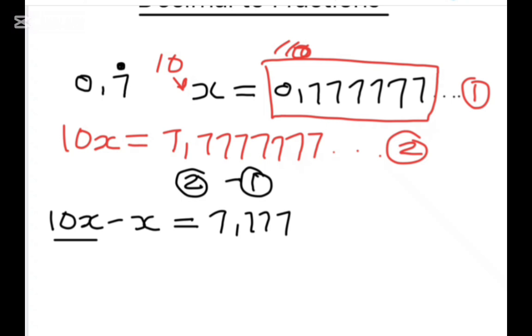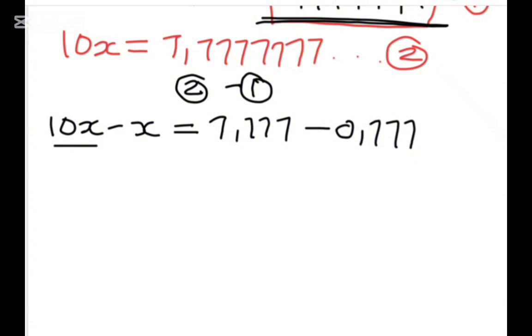I'm not going to write all of them, there are a lot, I'm just going to end it here. We minus with x, which equals 0.777, and I'm just going to put 3 up there. If you work this out in your calculator, this is going to give you 9x.